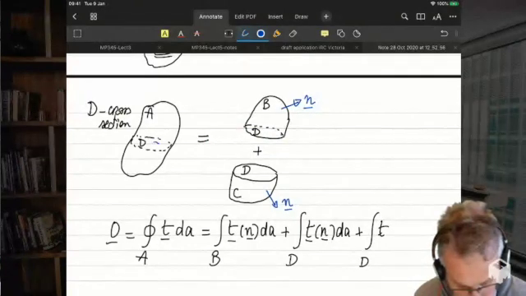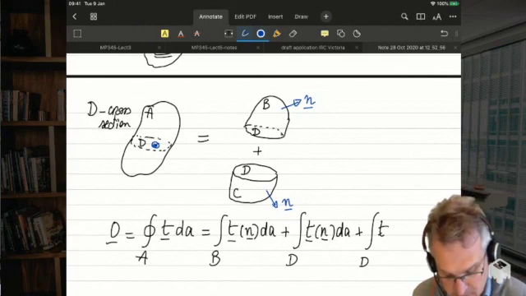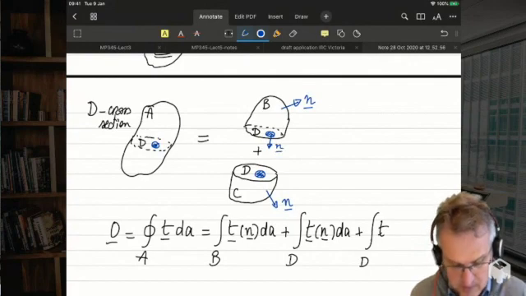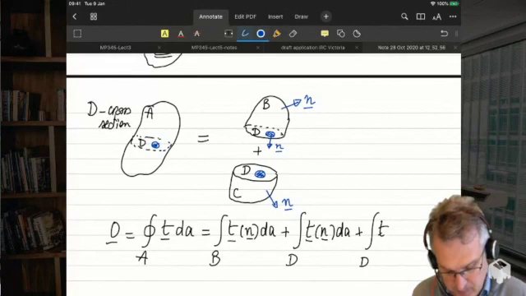Right? So if I consider a small surface element, this little blue circle I've done here, I'm going to find it here in the top and here in the bottom. Here, the outward N is going to be this vector. Here, the outward N is going to be this vector.